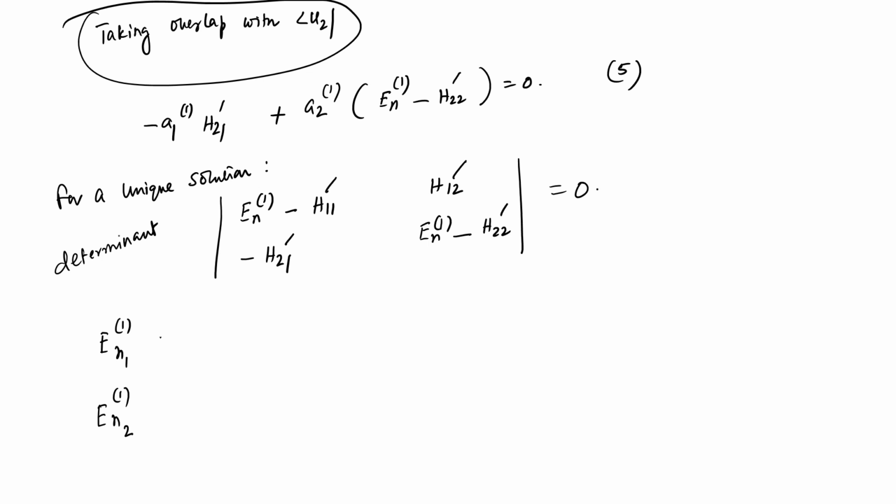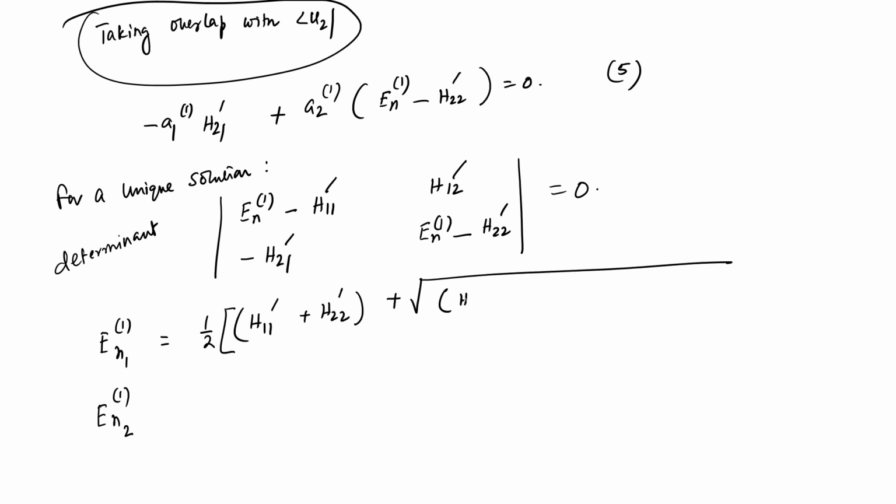So, make all this nomenclature clear in your mind, and then we have (H11 prime plus H22 prime) by solving the determinant equal to 0, and plus a root over of (H22 prime minus H11 prime) square plus 4 H21 prime square.